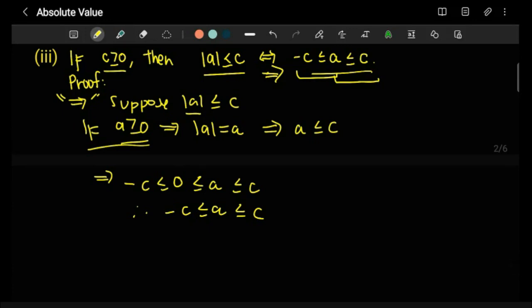So what if A is less than 0? So rule of exhaustion ang ginagamit natin, ha? If you remember rule of exhaustion, ibig sabihin i-exhaust mo lang lahat ng possible scenario.